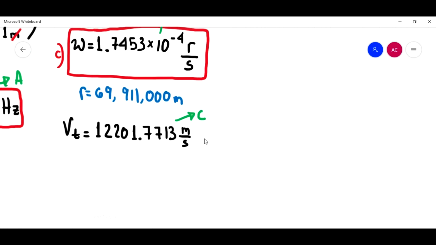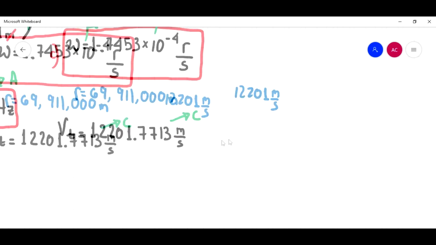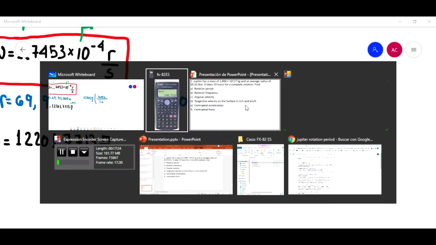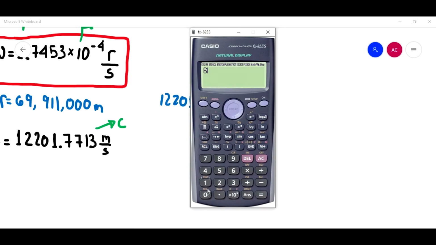So it's going to be 12,201 meters per second. I'm not going to write the other digits, and I'm going to use the conversion factor. 1 hour, because I'm going to transform into kilometers per hour, is 3,600 seconds. Yes, 60 times 60 is 3600.